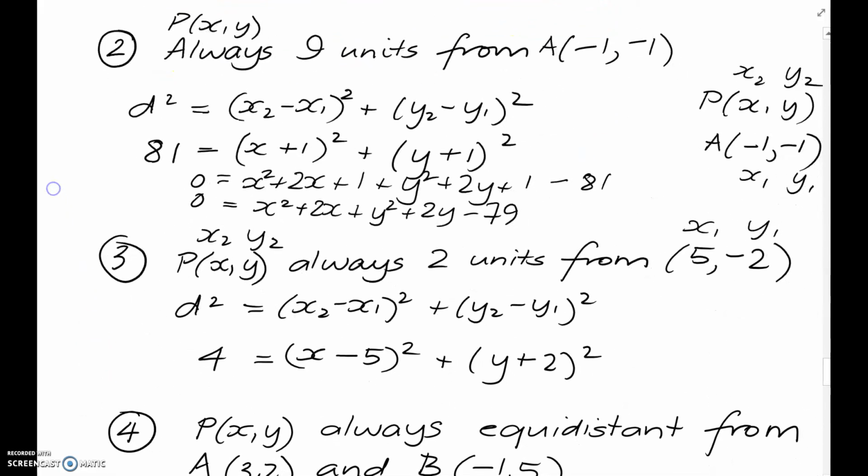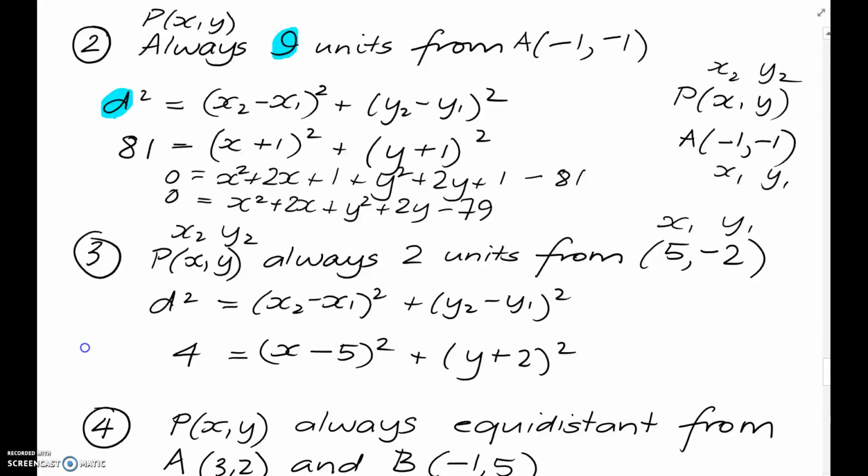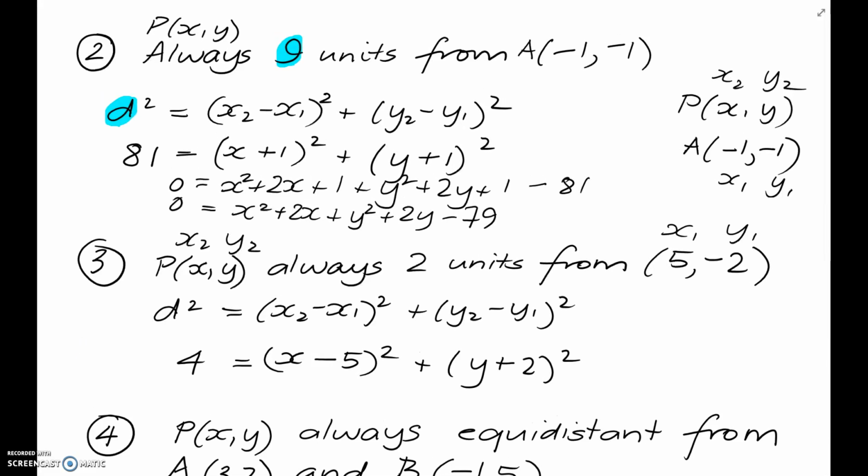So in number 2, we're always 9 units from A. So my 9 goes in here. This is where 9 goes for my distance, and it gets squared and becomes 81. Then I've decided that x2 is the x and y2 is the y, right?